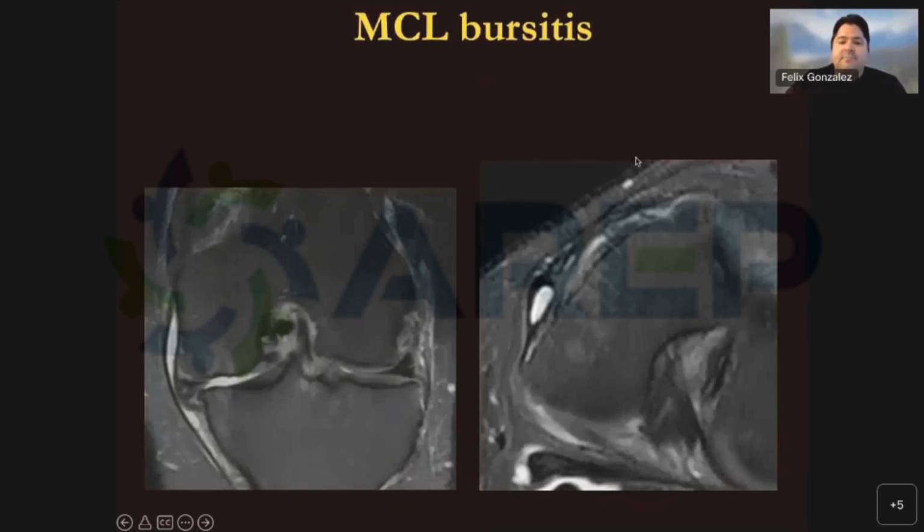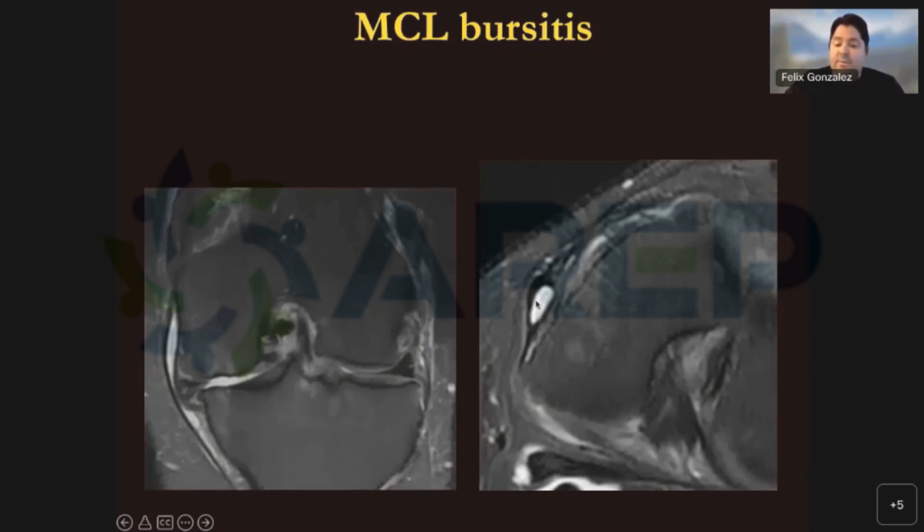So MCL bursitis, right? You may see that at times. What is that? MCL bursitis is basically fluid between the deep and superficial layers of the MCL, separating that space. So you will have fluid right here, and this is the superficial layer of the MCL, and these are the deep layers of the MCL.